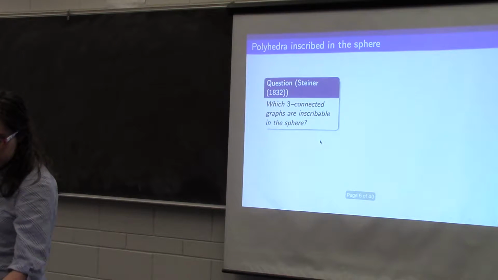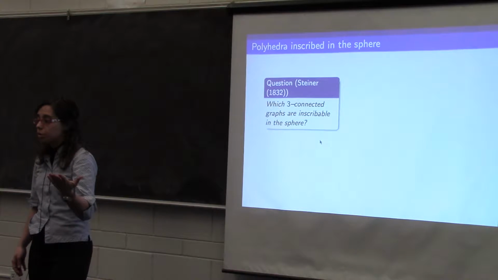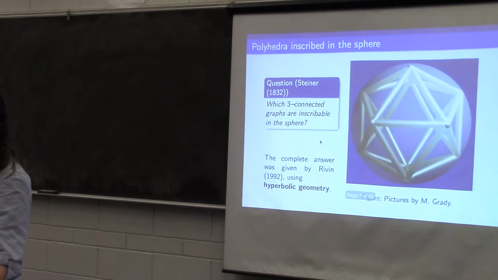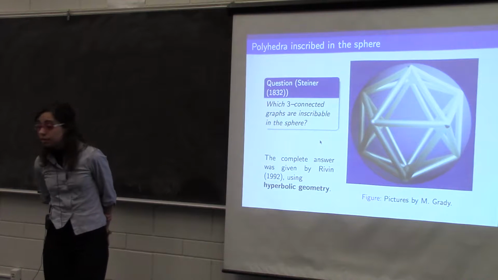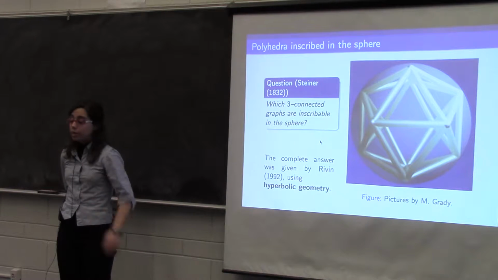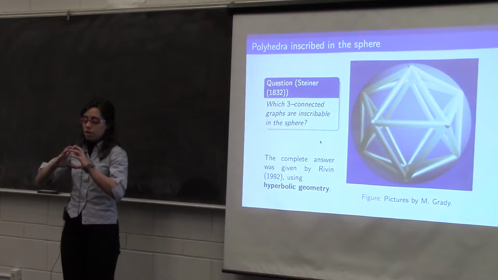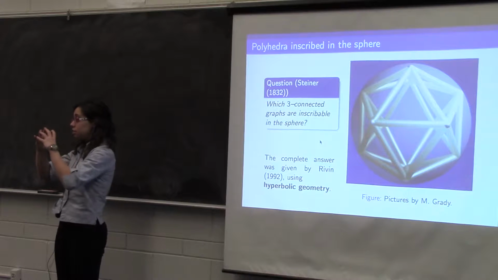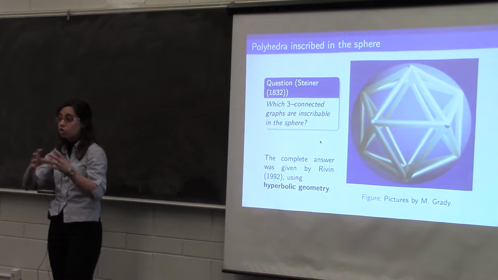But then we still have to answer properly, so that was a partial answer. The full answer arrived much later, in 1992, and it was given by Rivin. The idea is that whenever you have a polyhedron inscribed in the sphere, you can think of the sphere or the ball as the projective model of hyperbolic geometry.